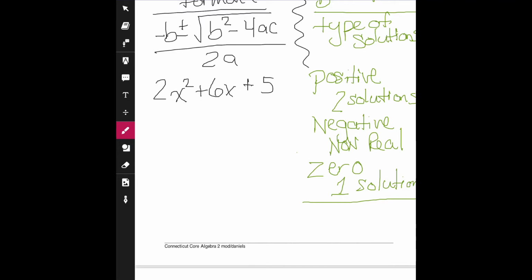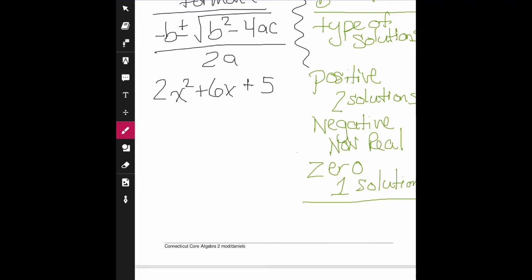Positive means that realistically, if it's a word problem, it's going to hit that x-intercept twice. If you get negative, that means it never hits the x-intercept. And 0 means it only has 1 intercept, 1 solution, so that means it hits it once.